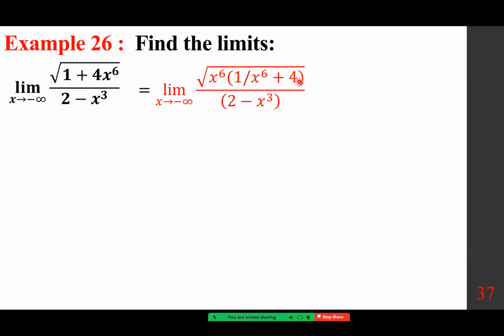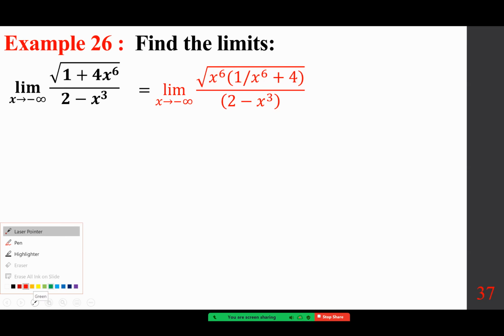Now, if x is approaching infinity versus negative infinity, there are differences. And I'm going to remind you about the absolute value of x and its definition.